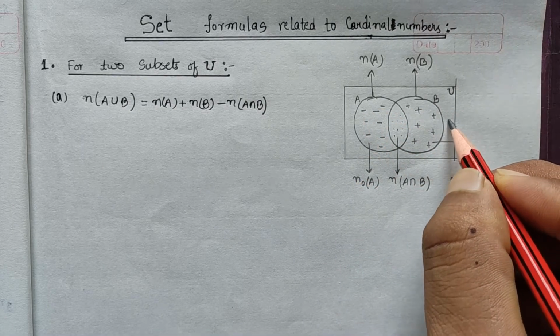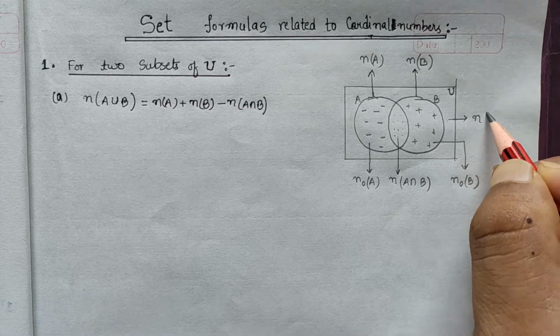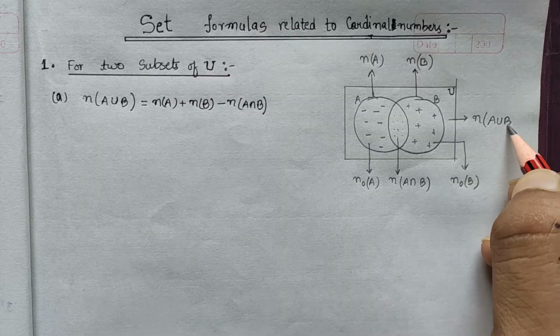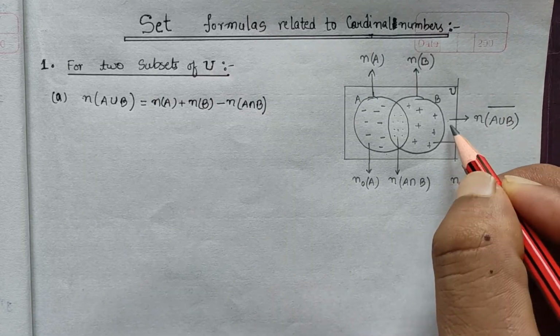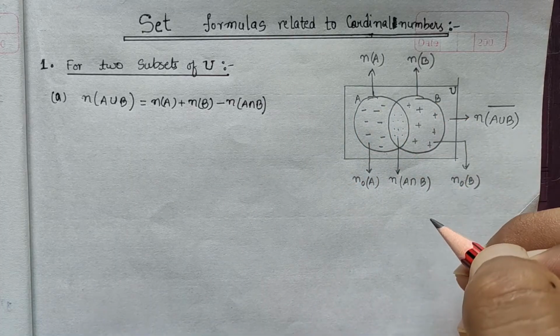This part is what? This part is n(A union B complement). This part is the complement part. This empty space part is the complement part.